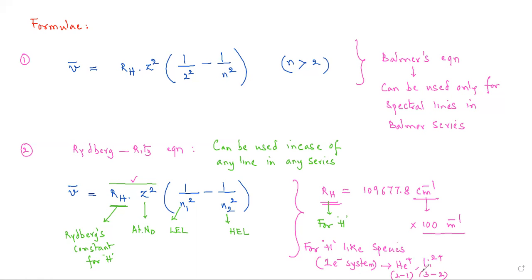This can be given as 3 minus 2. You can also take Be plus 3. This is 4 minus 3. Now these are called hydrogen-like species. See, for hydrogen-like species, you just take RH as it is multiplied by Z square. Okay, so this is for hydrogen. Then the second one is for hydrogen-like species. Hope this is clear. So this is the expression for wave number.